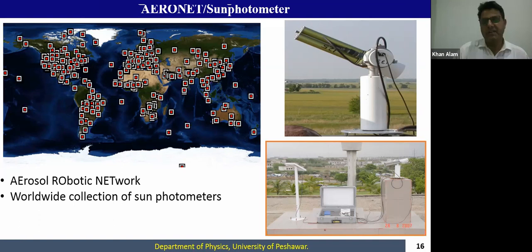In AERONET, there are 2 stations in Pakistan. One is installed in Lahore and one is installed in Karachi. Now, with the help of Lanzhou University, we are also installing one AERONET station here in Peshawar, in the Department of Physics, University of Peshawar.